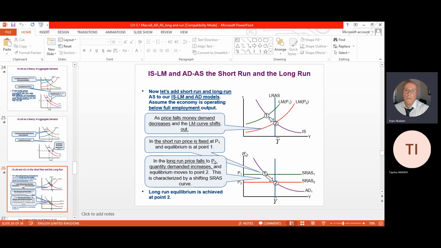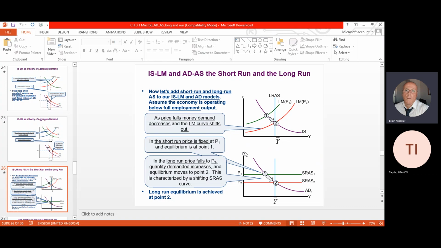Sorry, in the lower part, assume the economy is operating below full employment. Full employment is not realized, so an enlargement of output can be expected. As the price falls, money demand decreases. Suppose the price falls and the demand decreases because of this. As a result, the LM curve shifts out.